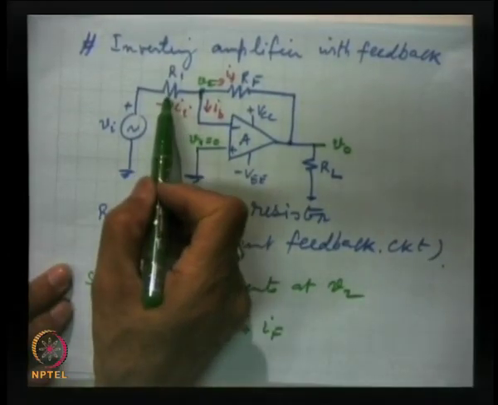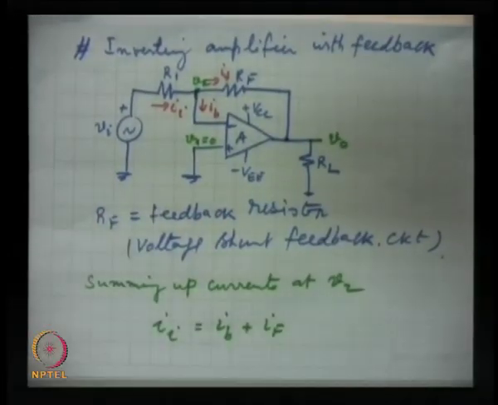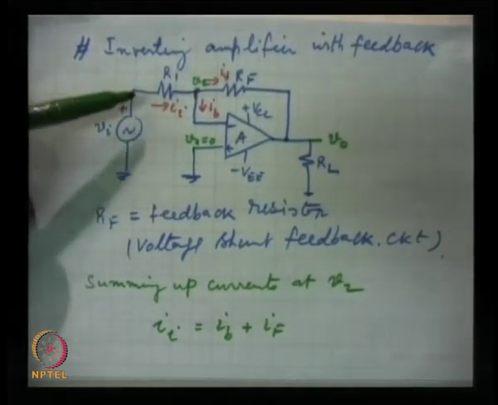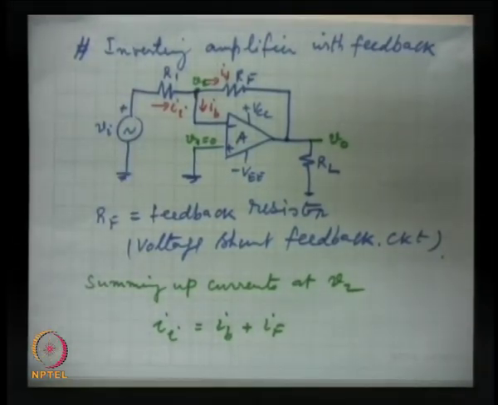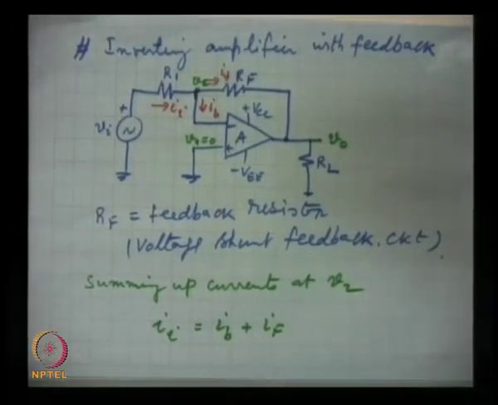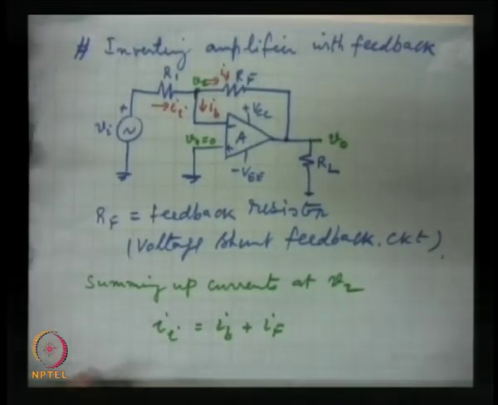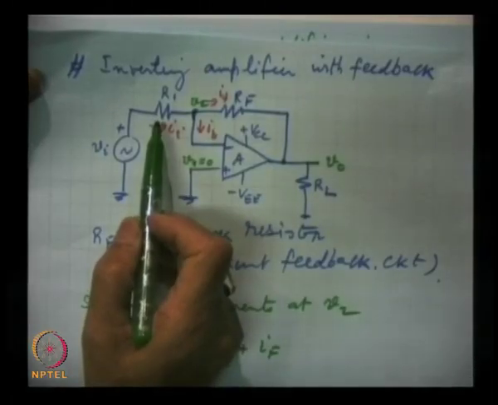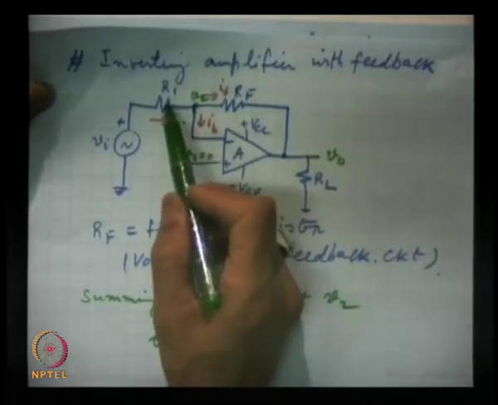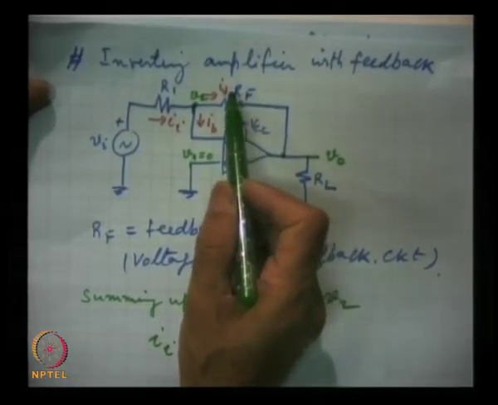Whatever value we choose in the inverting amplifier for R1, that will be the value for input impedance. How simple it is. If you want to have an inverting amplifier with input impedance of say 5 kilo ohms and gain 20, then take this R1 as 5K, and because gain is 20, 20 times of this, that means 100K, 100 kilo ohms RF.